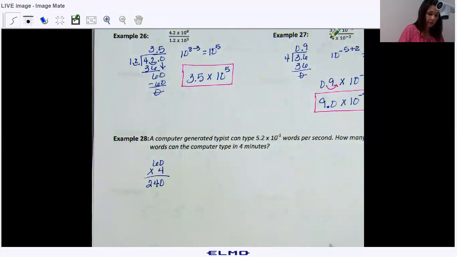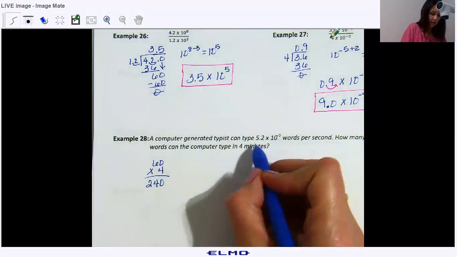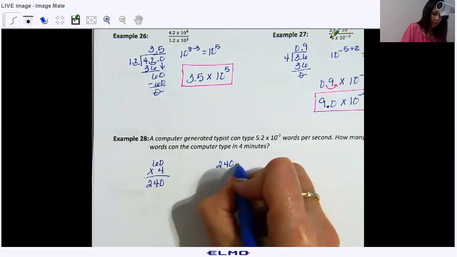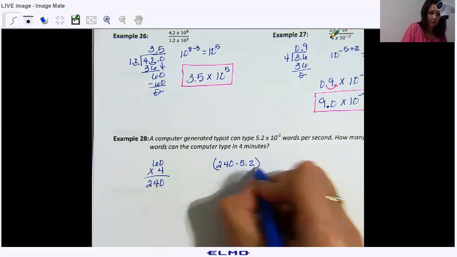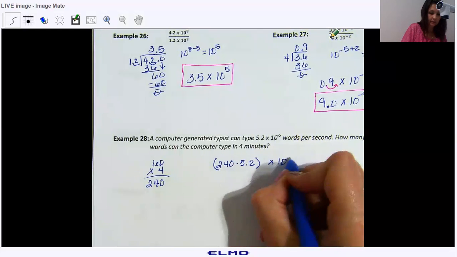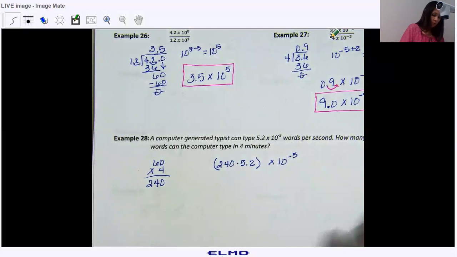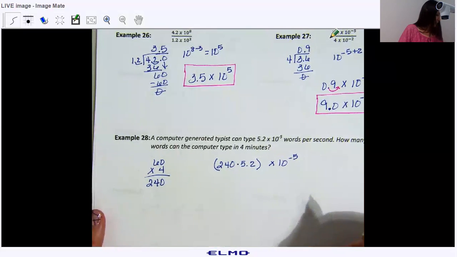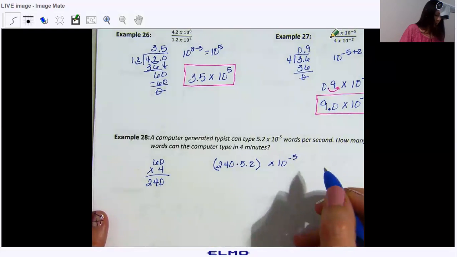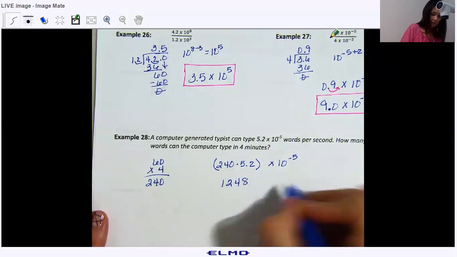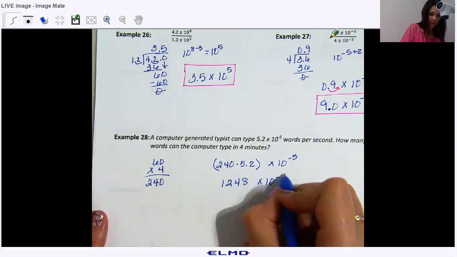And then what I would do is I would take and multiply 240 times 5.2 and multiply that by the 10 to the power of negative 5. So 240 times 5.2 is 1,248 times 10 to the power of negative 5.